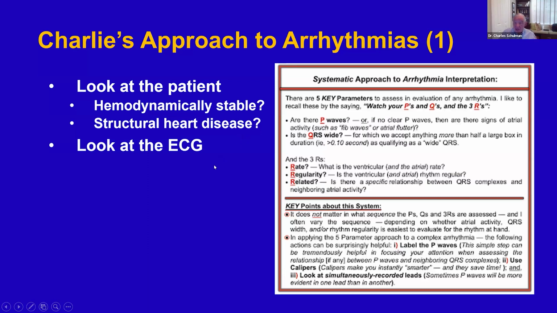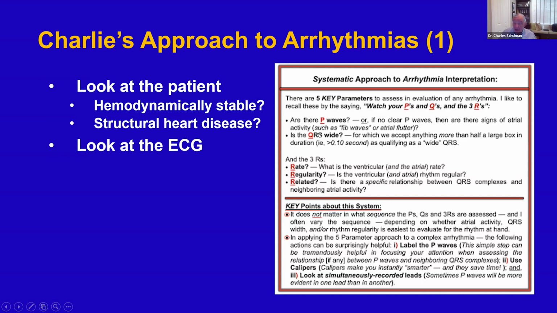Second, look at the EKG or the ECG. And on the right-hand side of the slide is a systemic approach to arrhythmia interpretation with 5 key parameters. Watch your P's and Q's and the 3 R's. So P, are there P waves? Or if no clear P waves, are there signs of atrial activity such as fibrillatory waves or flutter waves?